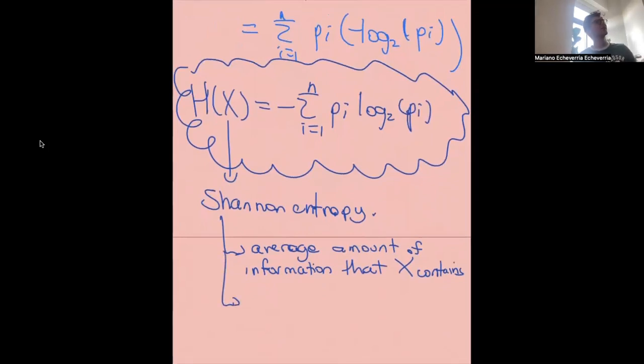This quantity, entropy, is used a lot in communication theory: how do you send a message across a channel? Imagine you're texting a message to a friend. That message has to be carried across a channel.